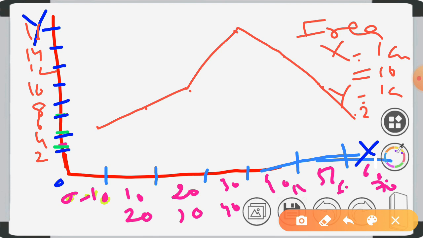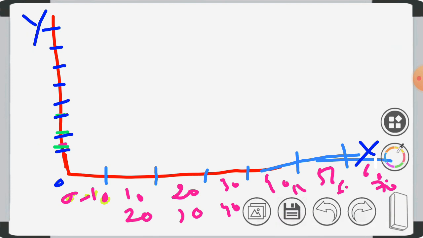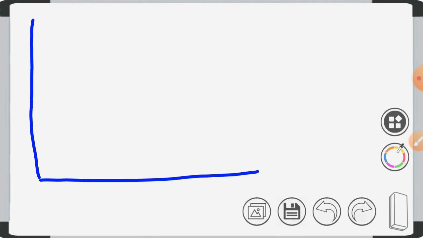Whether we draw it along with the histogram, here again we check. So 2, 4, 6, 8, 10, 12, 14 and 16.